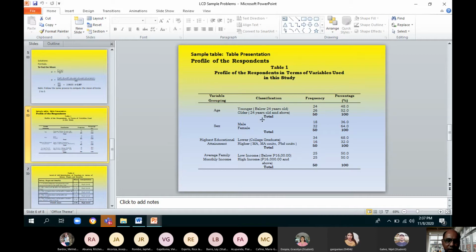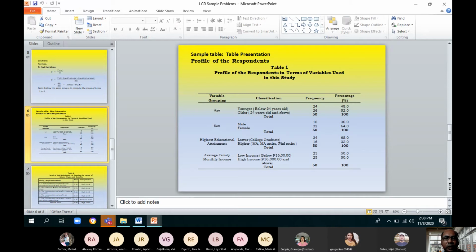As I have said, you should already know how to interpret the result. If you use the mean, you sum up all the ages of the respondents, divide by the total number, and then you interpret the result. For example, the result is 24.